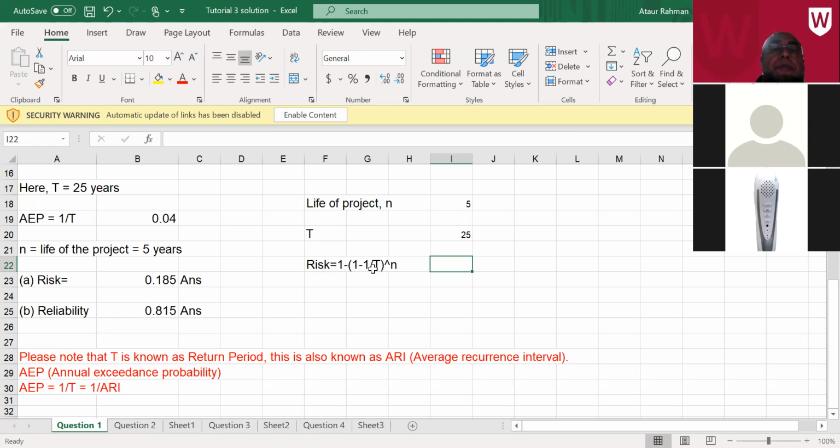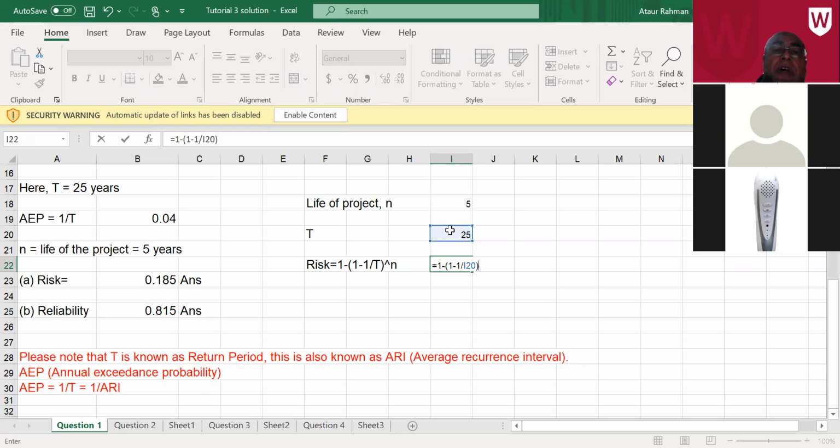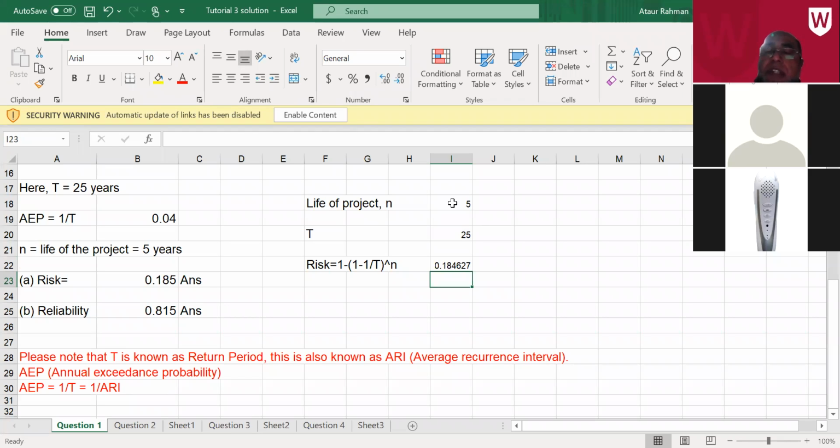We can write the equation as 1 minus the bracket 1 minus 1 over T, where T is our return period 25 here. So I'm selecting that cell, and then to the power of N, which is 5 years. So the risk is 0.1846.